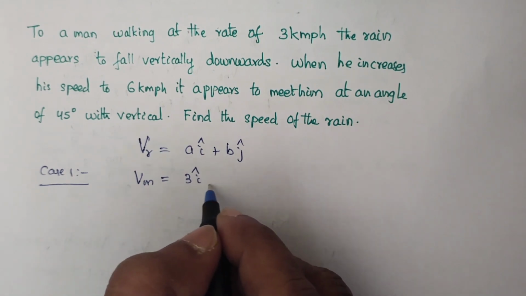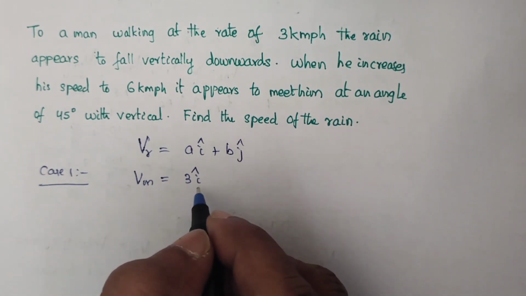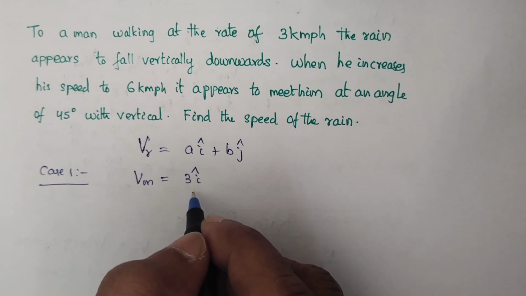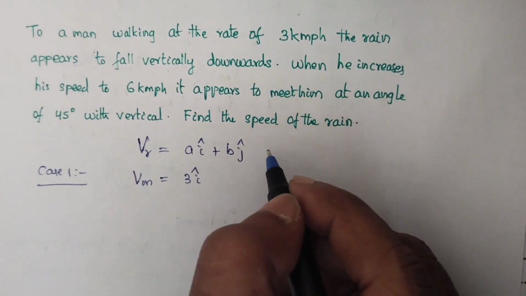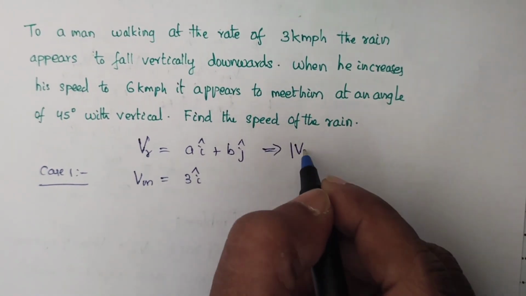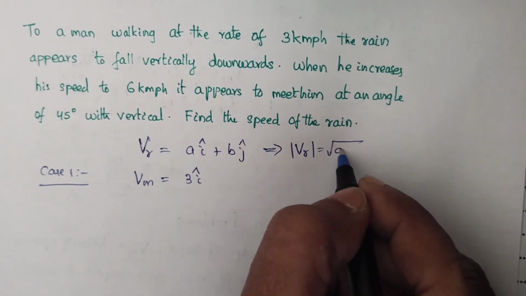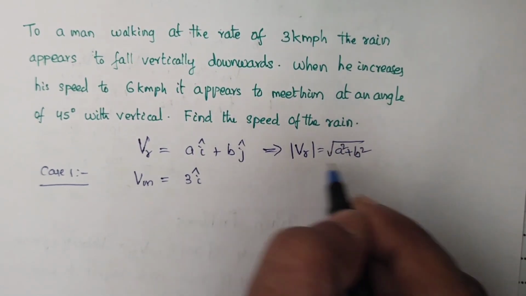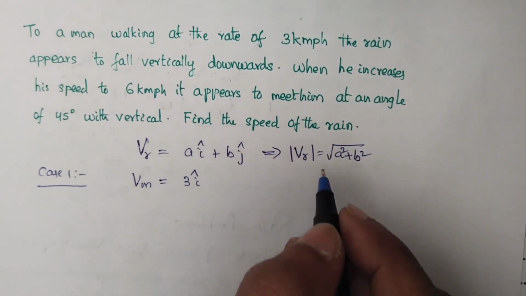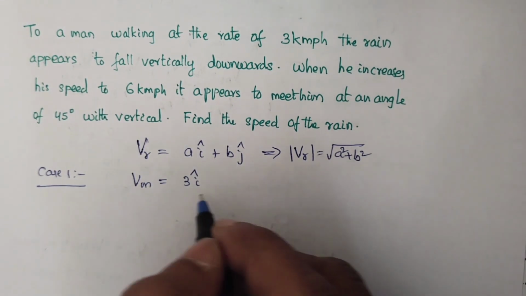So i means it is in x-axis, this is in y-axis j cap. Now the magnitude of rain VR is equal to root over a square plus b square. This is the speed of the rain. We should know the values of a and b.